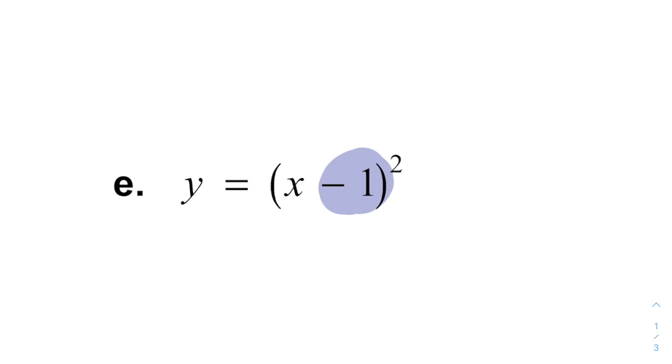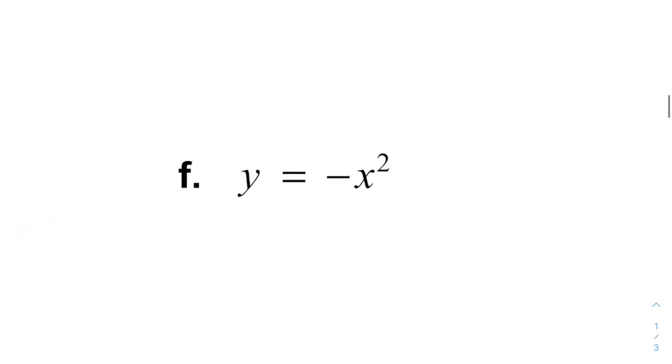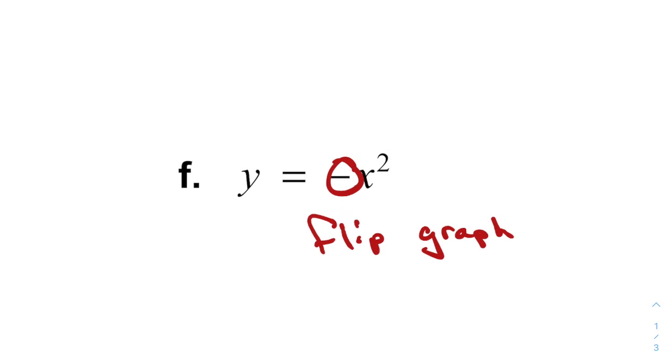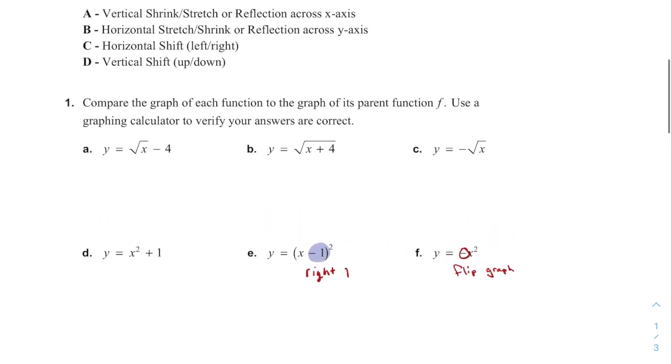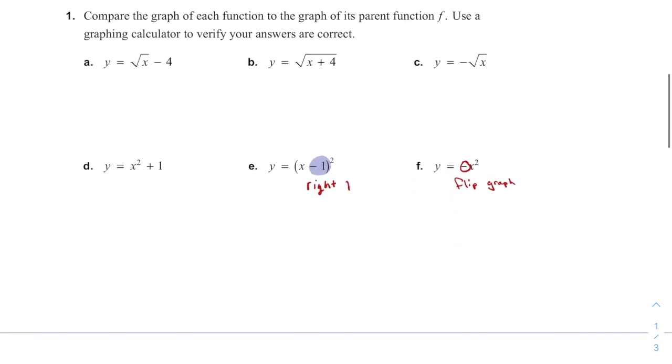So that being -1 means that this would go right 1. It's a quadratic, an x squared, so it's a parabola that's just been shifted to the right 1. And this is all we did last class. This one here, the negative sign out front, would invert it, so a parabola would then just be upside down. That's sort of what we did last class.